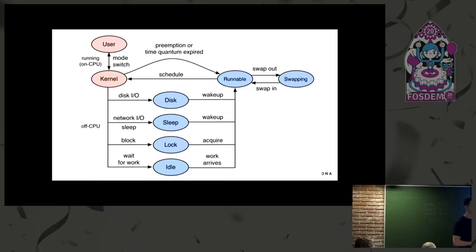The thread may be waiting for disk, network, or in the case of MySQL, we know that there are several locks. If the default isolation level is repeatable read, when you are inserting or updating, you have the famous and infamous gap lock, so this might make the thread wait, and this is all part of the off-CPU analysis.